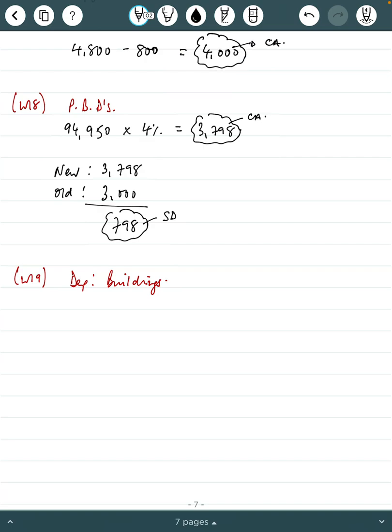So the buildings to be depreciated by 2% of cost is simply buildings at cost, which is 800,000, multiplied by 2%, which gives us 16,000. That's an admin expense. All right, gentlemen, that is your workings complete.